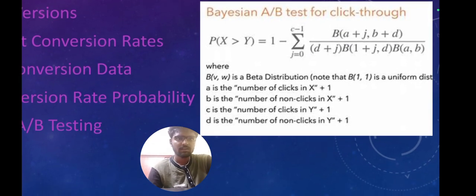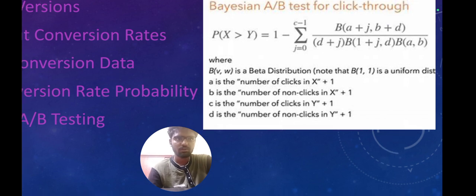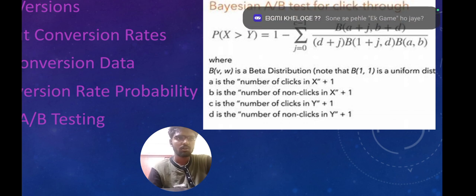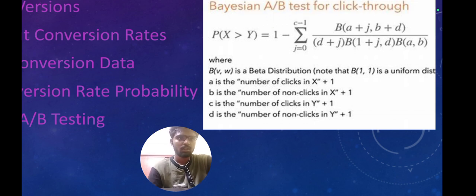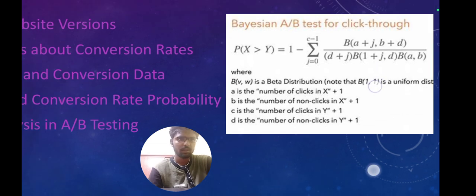P(x > 1) = 1 minus the summation over j equal to 0 to c minus 1 of B(a + j, b + d) divided by (d + j) B(1 + j, d) B(a, b).